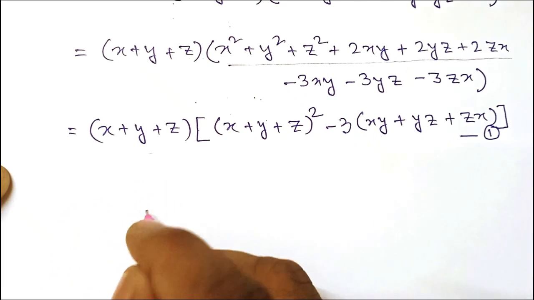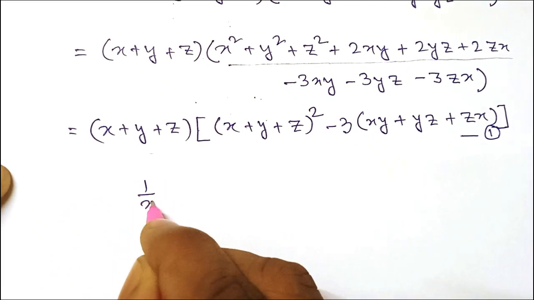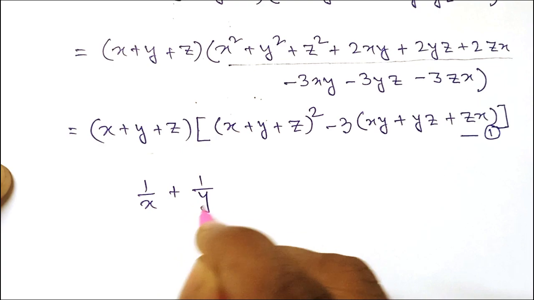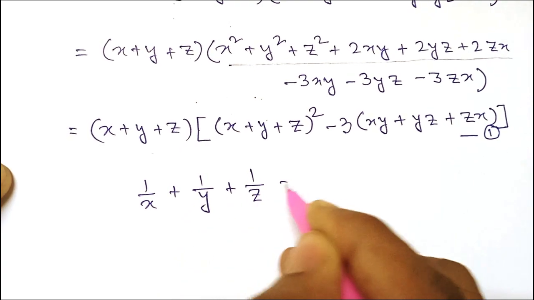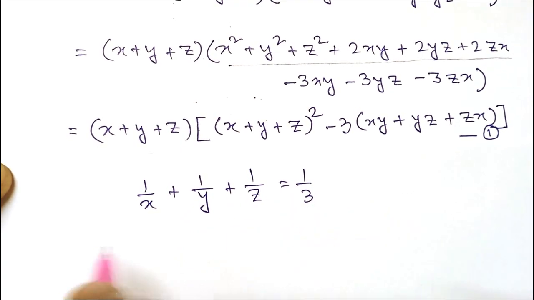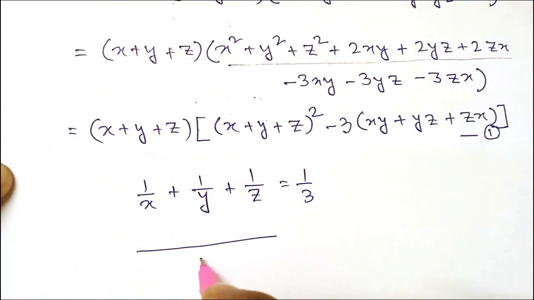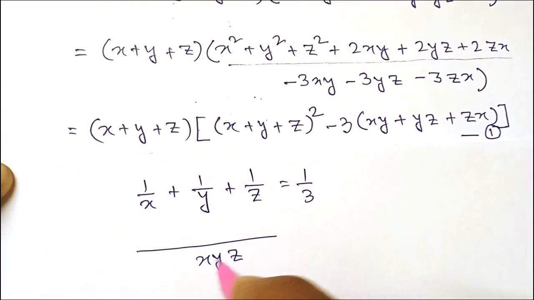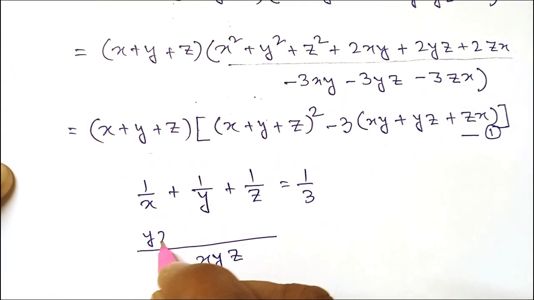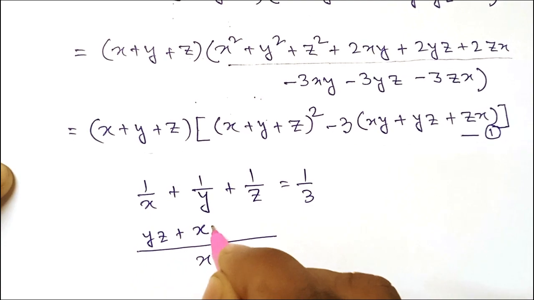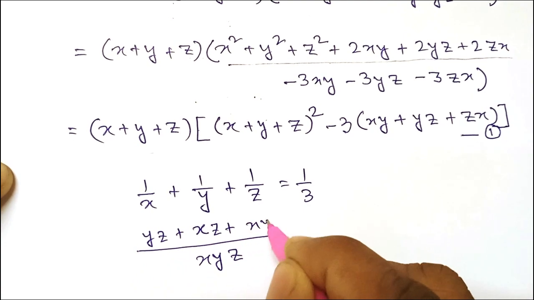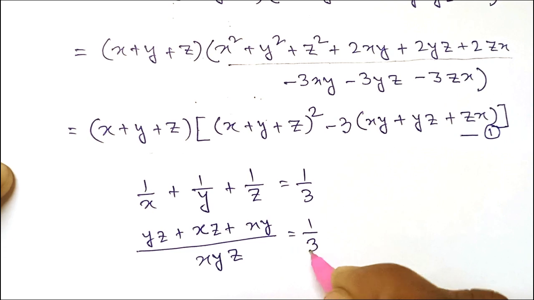Now it is given in the question that 1 by x plus 1 by y plus 1 by z is equal to 1 by 3. So if we take the LCM of x, y, z, this will become yz plus xz plus xy, and the right hand side will be 1 by 3.